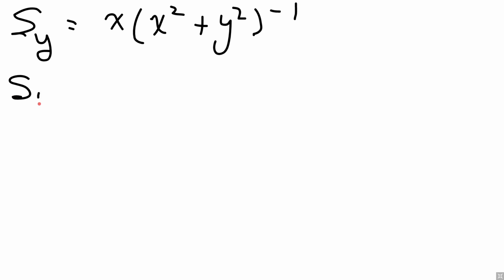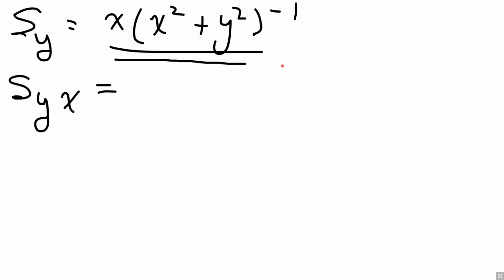So if I do s sub xy, the mixed order partial with respect to y, then with respect to x, and I want to take the derivative of this with respect to x, what rule do I have to use? Product rule. Yes, I have to use the product rule.